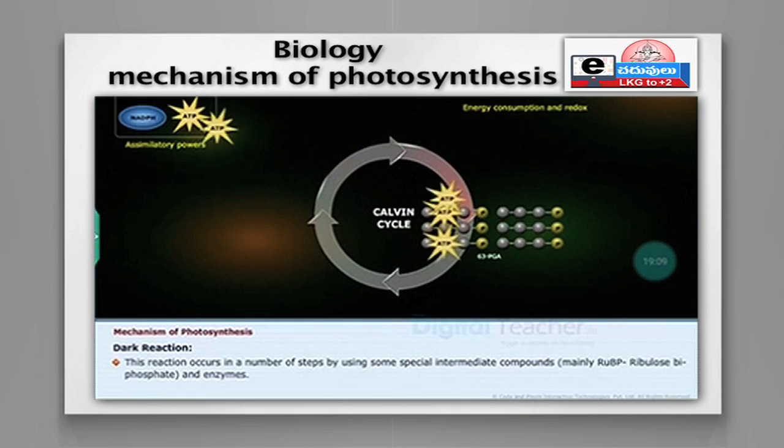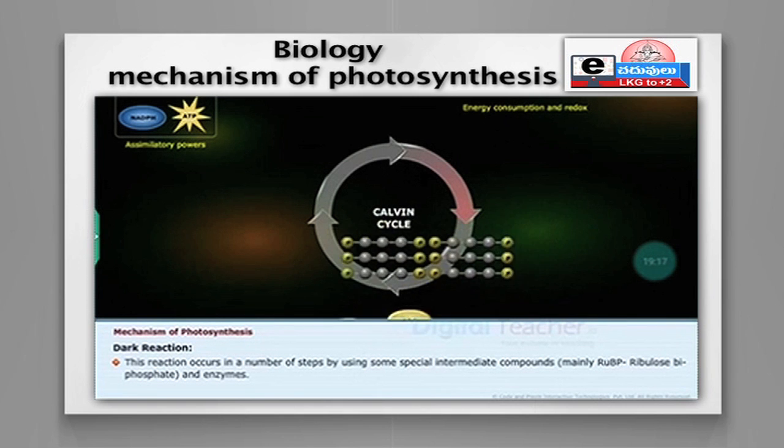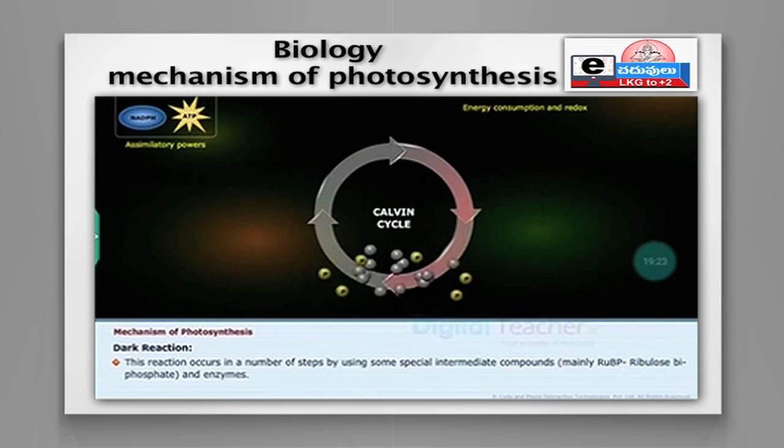This phosphoglyceric acid, as I already said, utilizes assimilatory powers in 2 steps: ATP in the first step and the power of NADPH in the second step. So ATP and NADPH convert this phosphoglyceric acid into 2 glyceraldehyde phosphate.